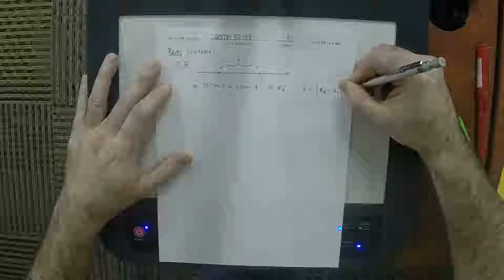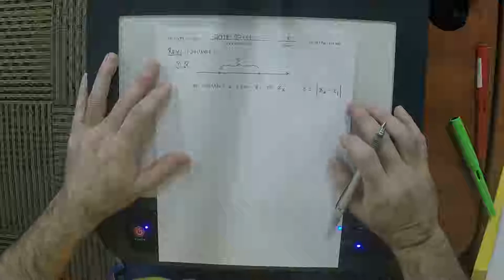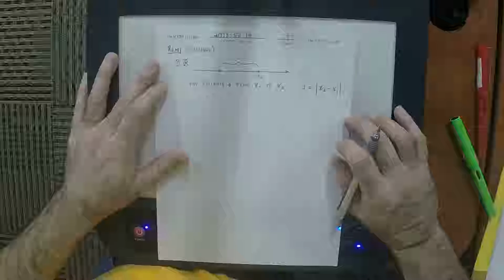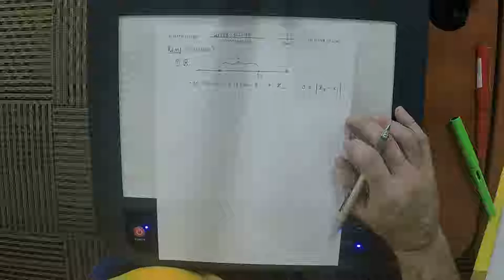Then is it the case that the amount of time that it takes to travel from Houston to Dallas is negative 4 hours? Absolute value, right? Good. So you need the absolute value so that the distance from point A to point B is the same as the distance from point B to point A.